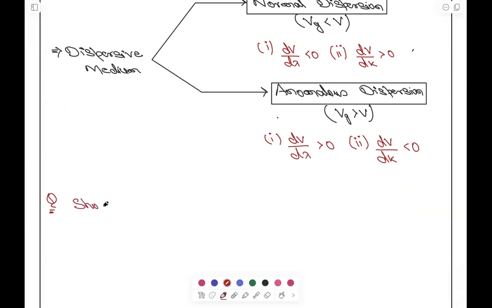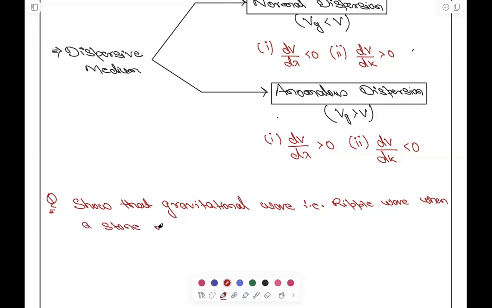Show that the gravitational wave, that is the ripple wave when a stone is dropped in a pond, has seen by everyone, is dispersive.